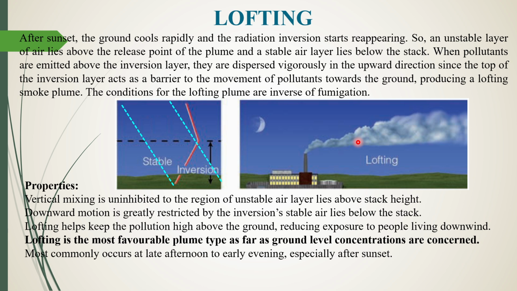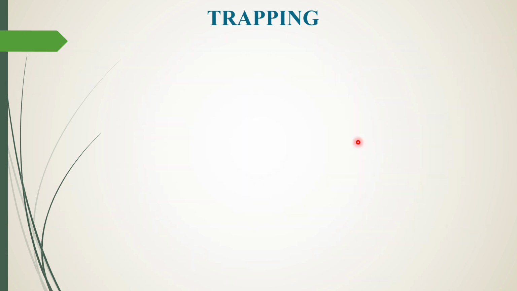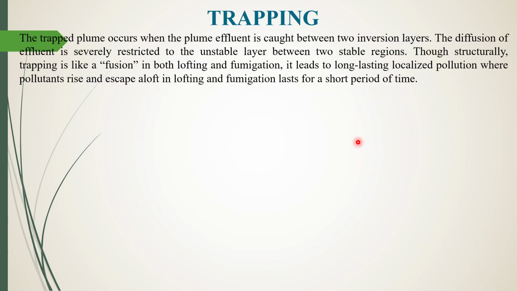It most commonly occurs at late afternoon to early evening, especially after sunset. More common in spring and fall with clear skies, and lofting is favored when there is low wind speed near the surface and moderate wind speed aloft. The last is trapping. The trapped plume occurs when plume effluent is caught between two inversion layers.